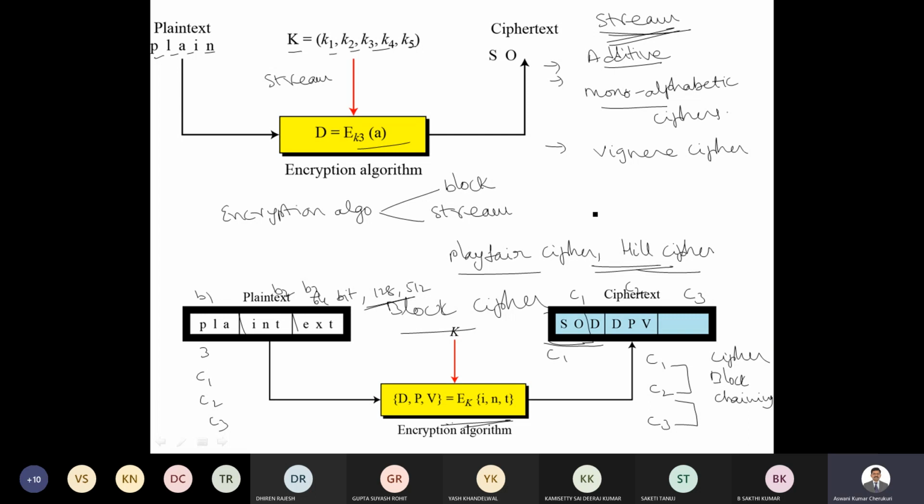But in practice, the standard ciphers are both block and stream ciphers. Whatever encryption algorithms we are going to see from now onwards, they are both block and stream. Is that clear? Shall we proceed further?